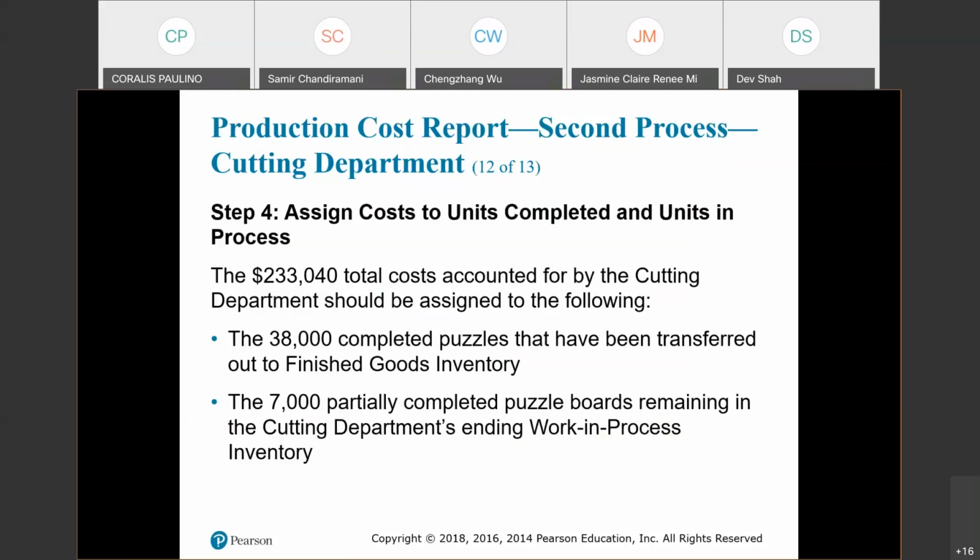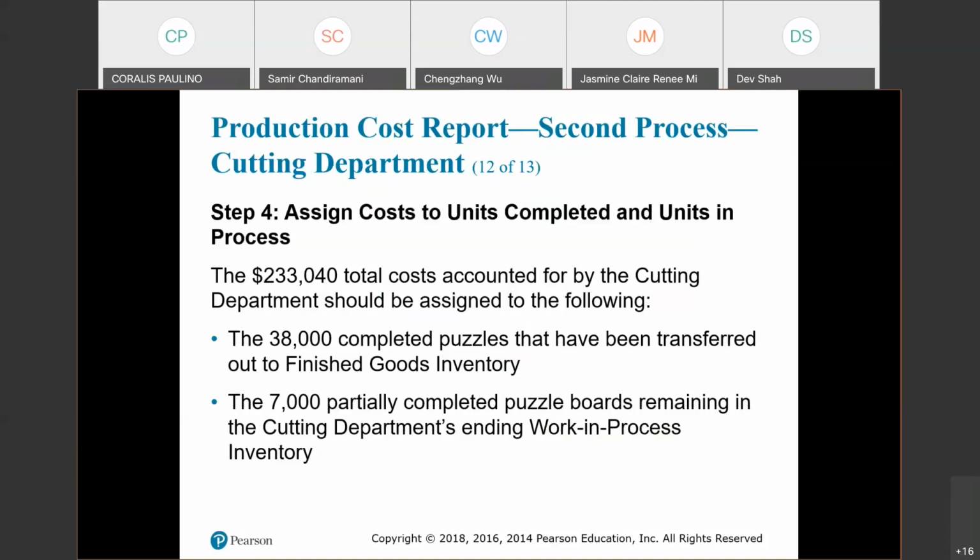First, 38,000 completed puzzles that have been transferred out to finished goods inventory, and 7,000 partially completed puzzle boards remaining in the cutting department's ending WIP inventory.